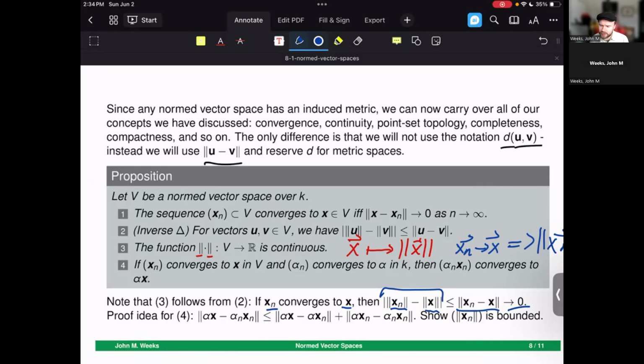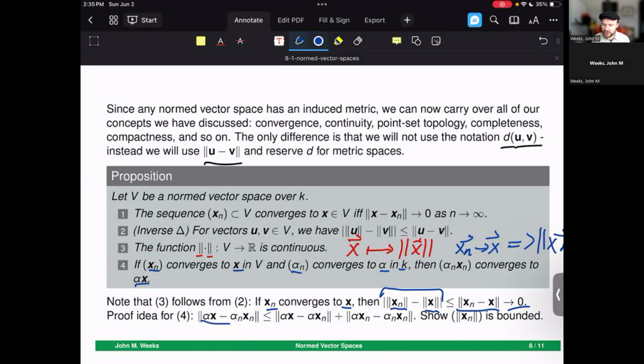And the last thing too, which is something neat that we've seen before when looking at functions and functional vector spaces, is that if you have vectors x of n that converge to x inside of a vector space, and then some scalars alphas of n that converge to alpha, that is in terms of scalar values, so that's a scalar convergence, and this is a norm space convergence here, then alphas of n x of n converges to alpha x.